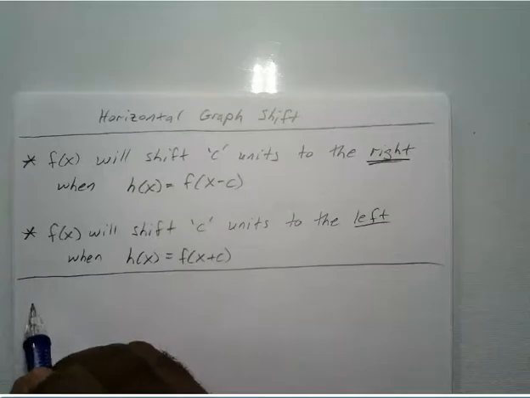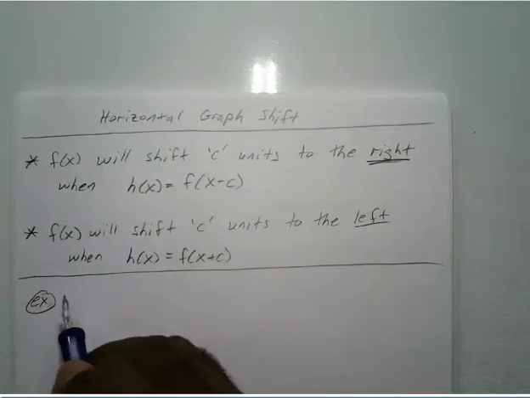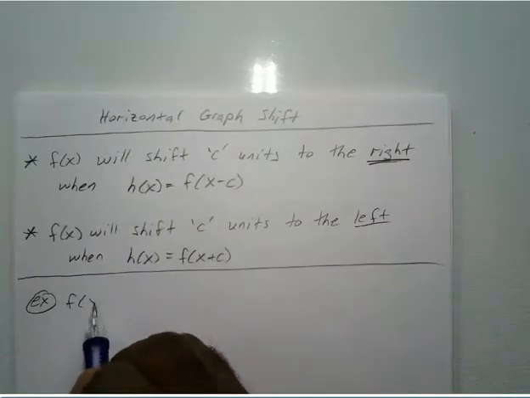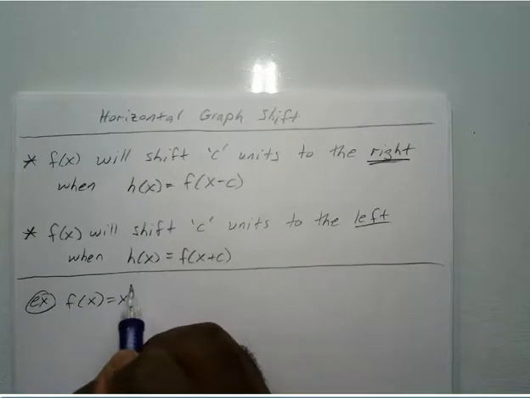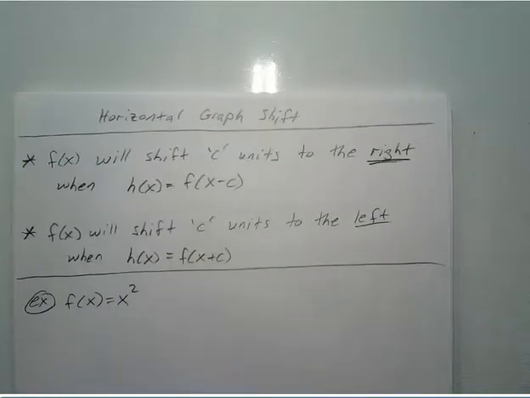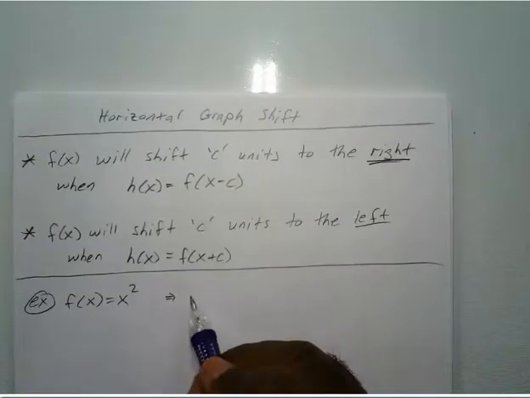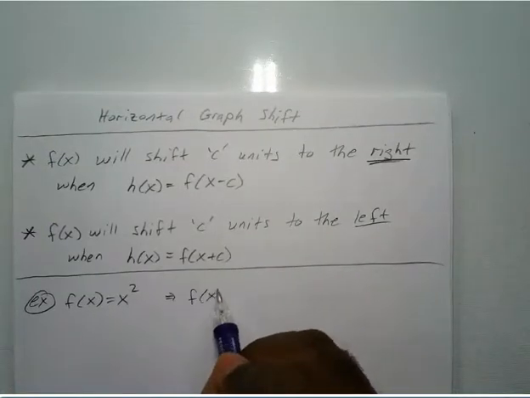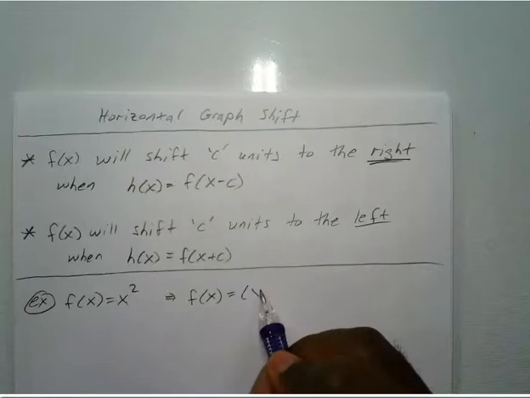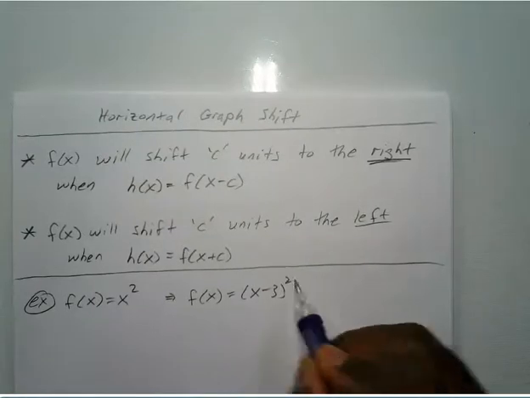Okay, so let's say, for example, if we have f of x equals x squared. Okay, so that means we have f of x equals x minus 3 squared.